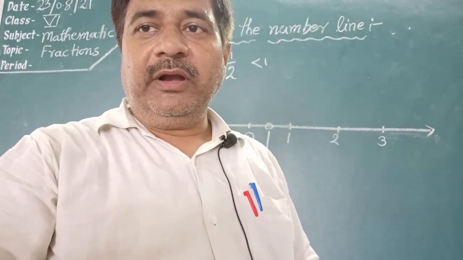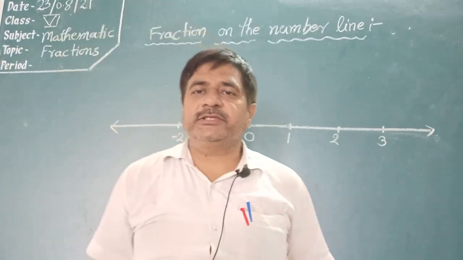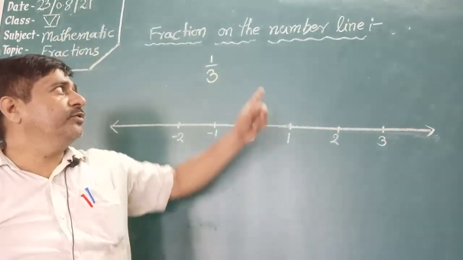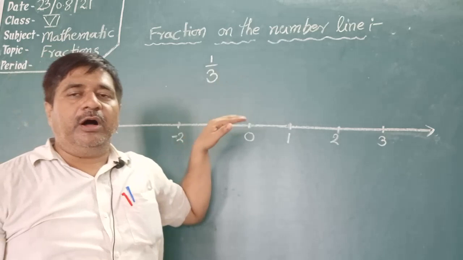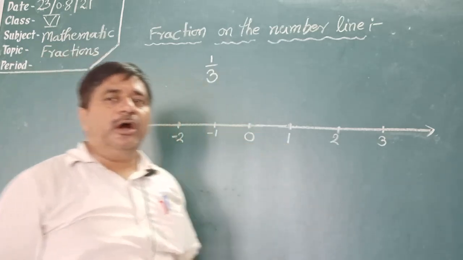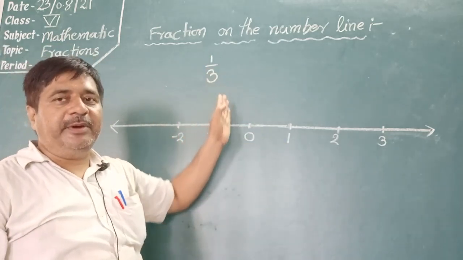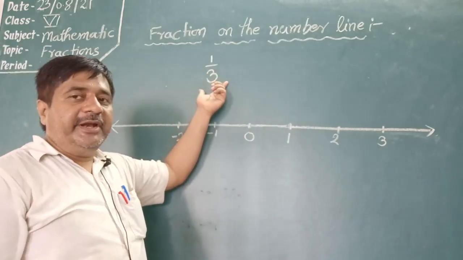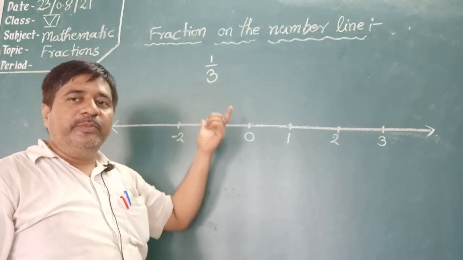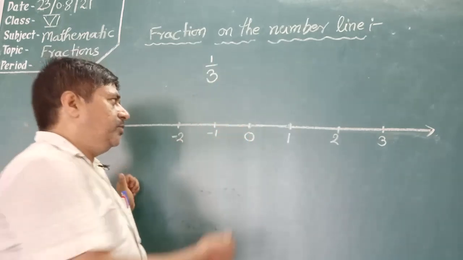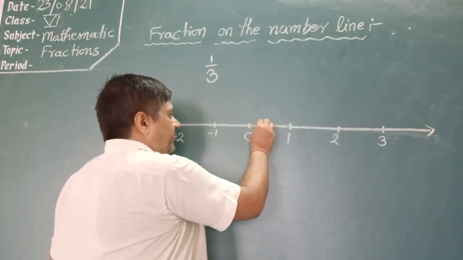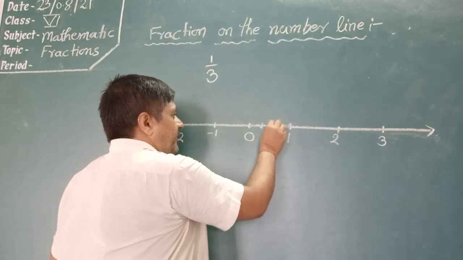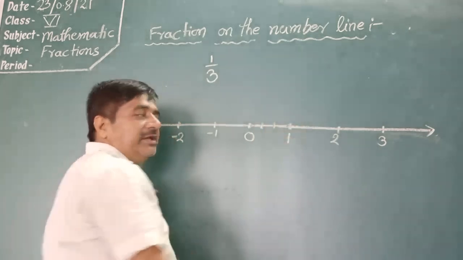Now next, students, how can you represent 1 by 3 on the number line? 1 by 3 also lies between 0 and 1. In the denominator write 3, so you make 3 parts between 0 and 1: that is 1, that is 2, and this is 3.